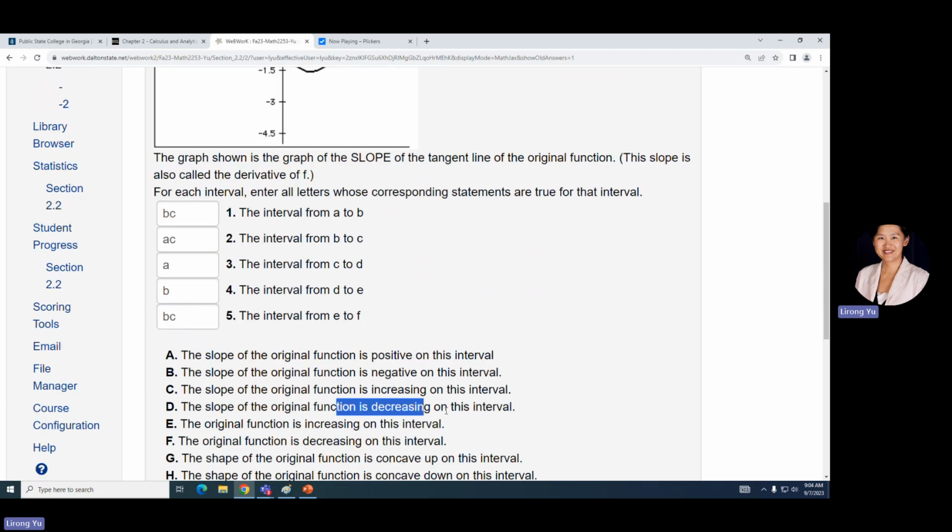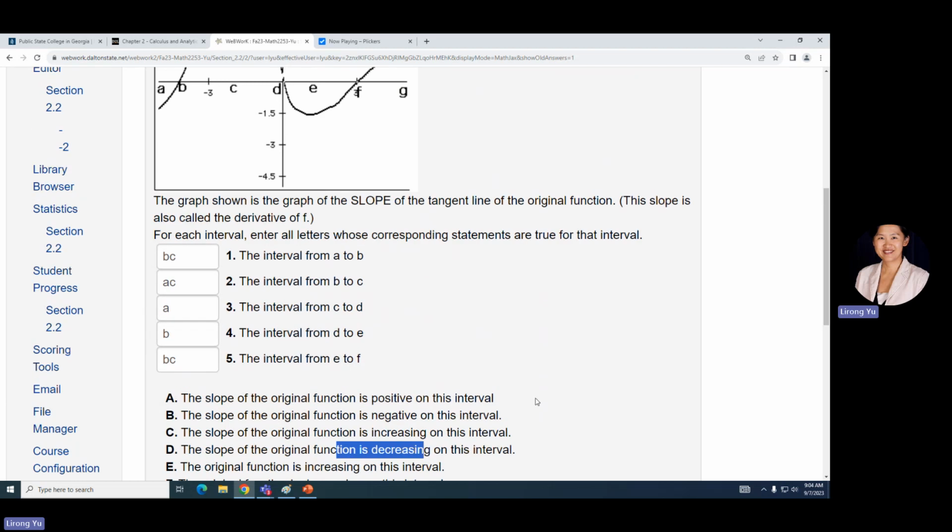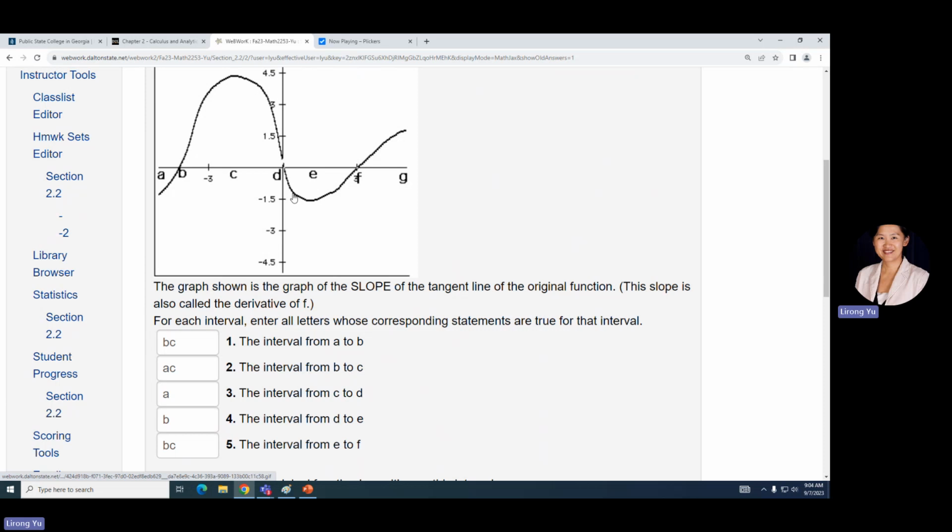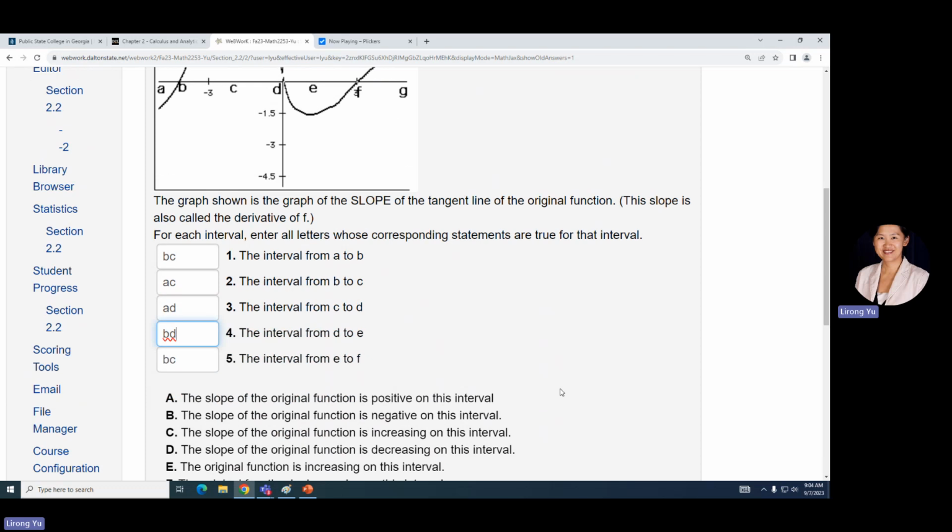And D represents decreasing. So C to D is decreasing, and D to E is decreasing. So for all intervals, you assign either a C or a D, because C and D are opposite. And there's no horizontal, so it's either increasing or decreasing. Are we done with C and D?